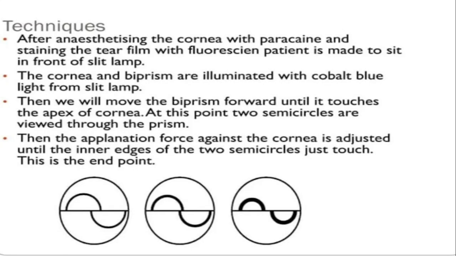Number 7. The pressure on the tonometer is increased in 1 mmHg increments until the examiner sees the two semicircles just touch again, indicating the intraocular pressure of the eye being tested. Number 8. The process is repeated for each eye.